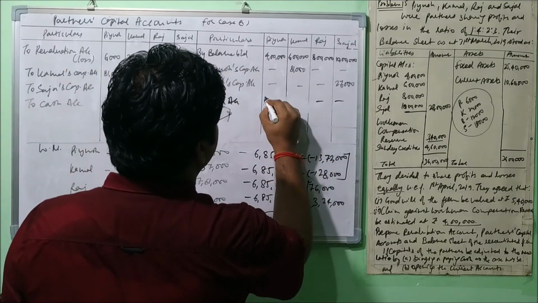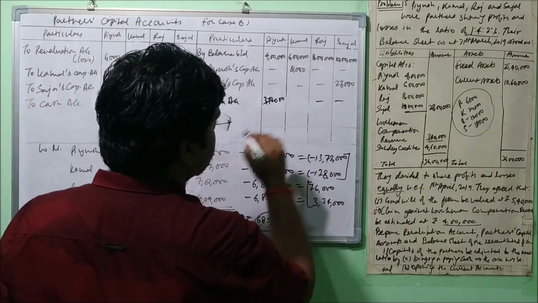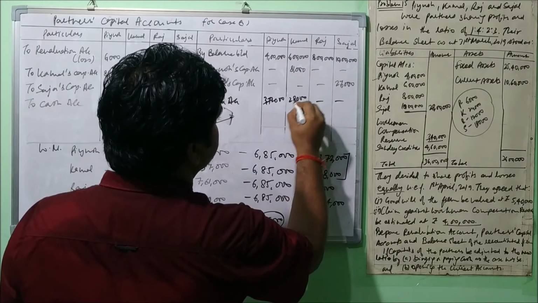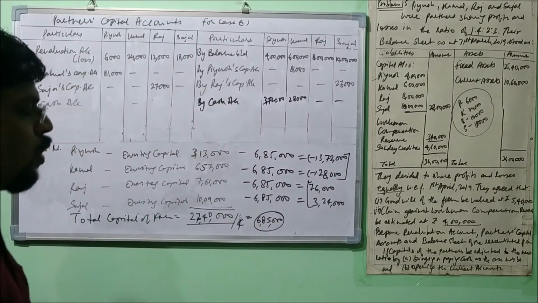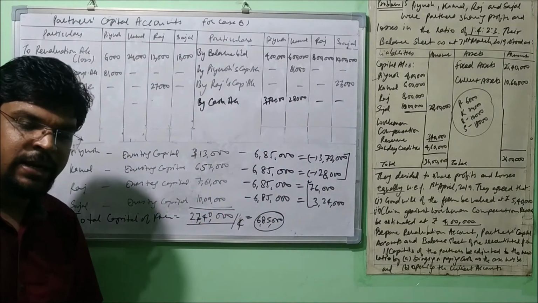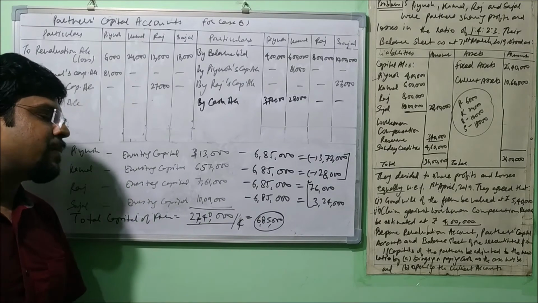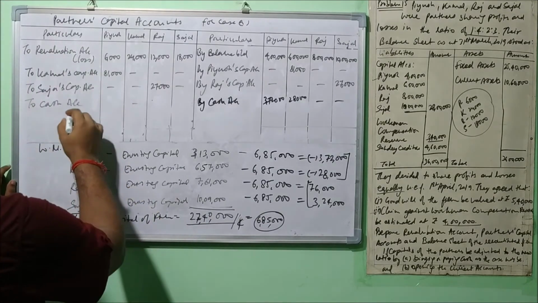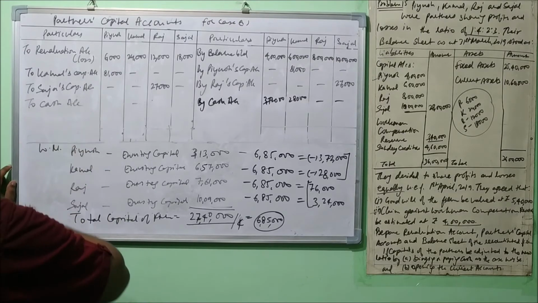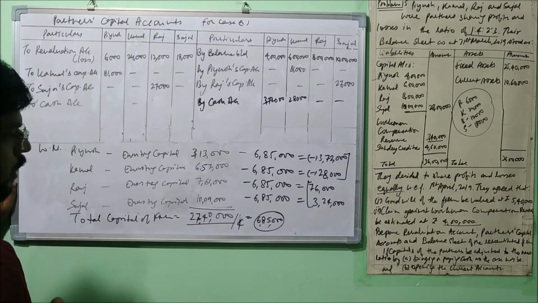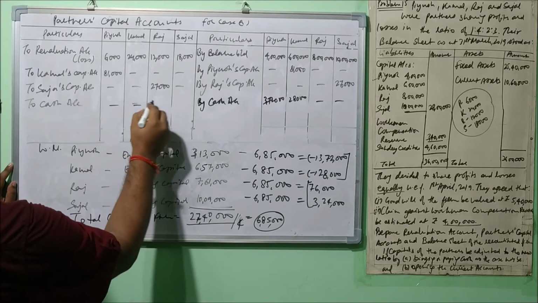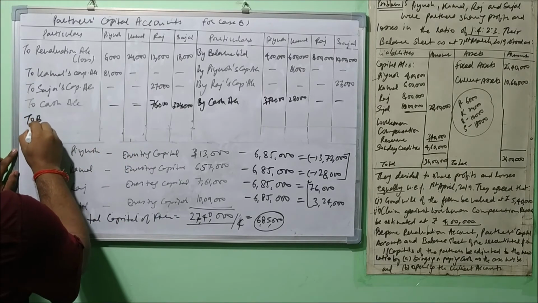How much? 3,72,000 and for him 28,000. Understood? And the opposite entry will be done in this case. Partner's capital account debit to cash. So their entry will be mentioned by 'to cash'. Already I mentioned here 'to cash'. What is the amount for 'to cash'? 76,000 and 3,24,000.